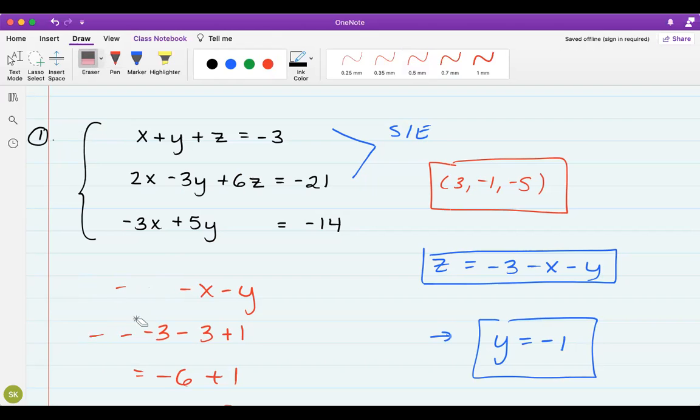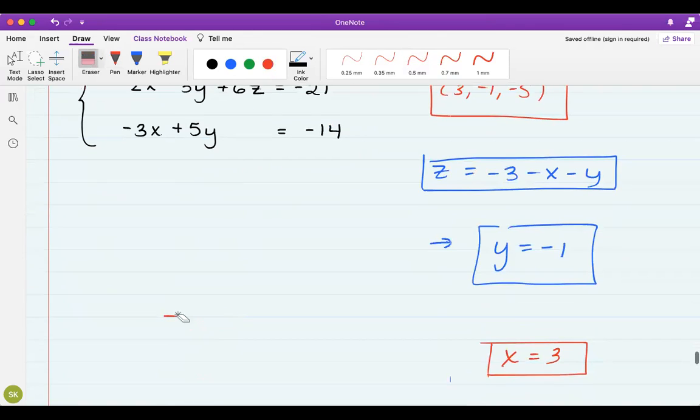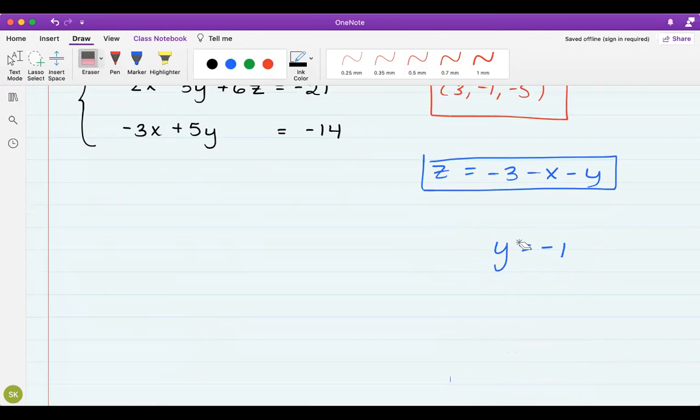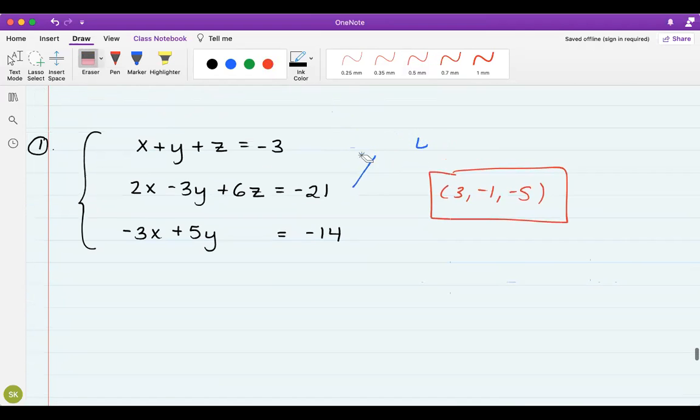Now, if you wanted to use elimination, let me just review that really quick to show you another option, because in the very beginning of this problem, I used substitution. What I did was I solved for z and then I plugged it in here, but you don't have to do that. You could use elimination.